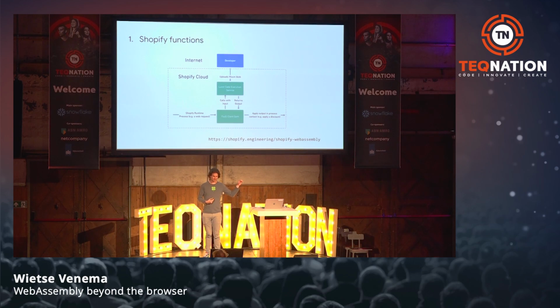So they let their customers upload untrusted code as a Wasm module, and their architecture looks suspiciously similar to my Wasm as a service demo, because a request comes in, they run a Wasm module, provide the input over standard in, it's just a JSON file, and the Wasm module reads the input and outputs to the standard out. And they take the JSON and they apply the action. And they even run it on incoming requests.